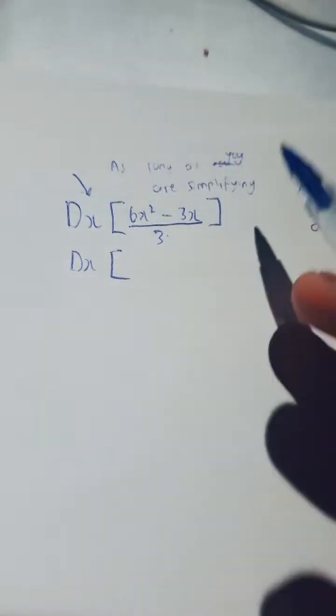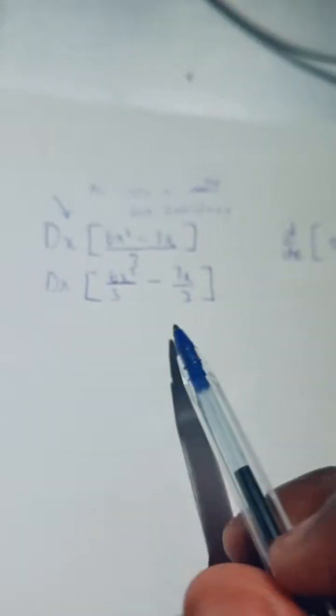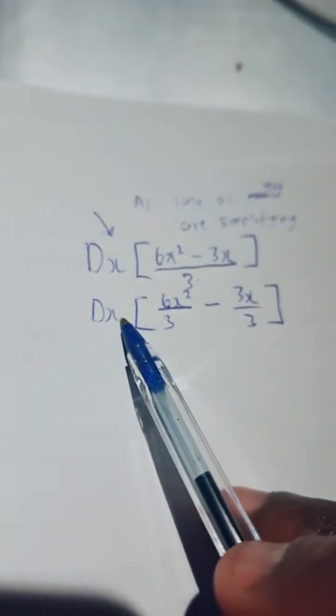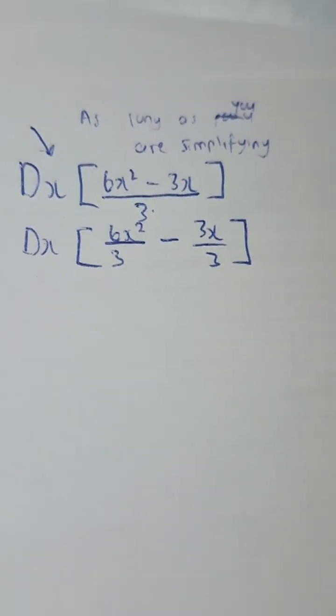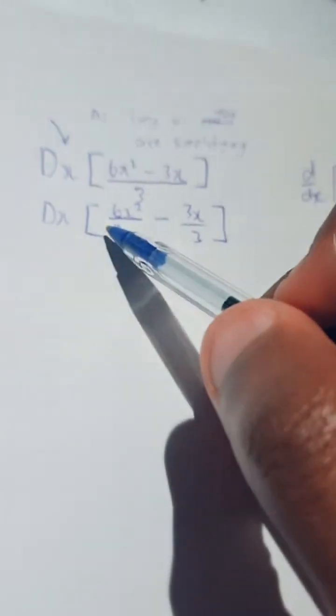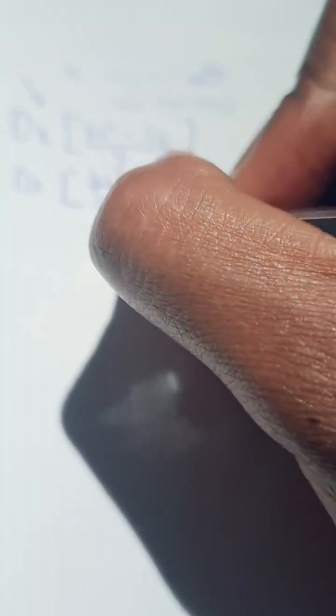Remember, we only derive when we have separate terms, and they have to be in the numerator and in exponential form. So 6x squared over 3, for instance, we're going to write minus 3x over 3. But dx is still there because we have not, as of yet, arrived at a place where we can derive. Then 6x squared over 3x will give us 2x squared. 3x over 3 will give us x.